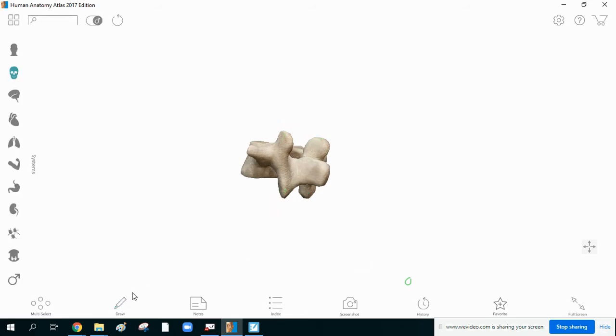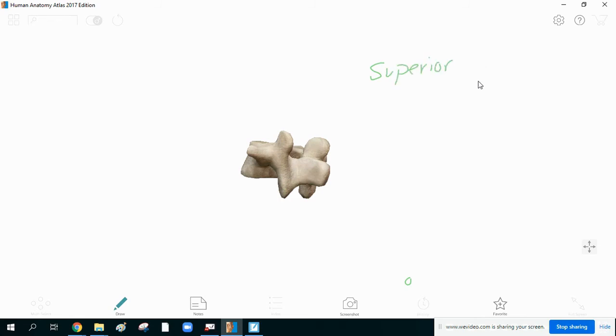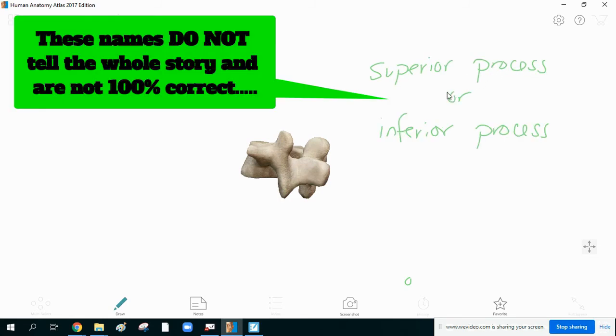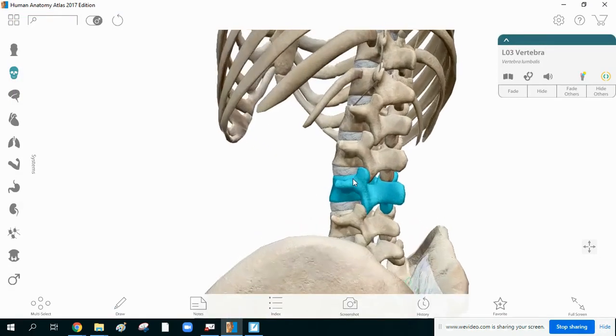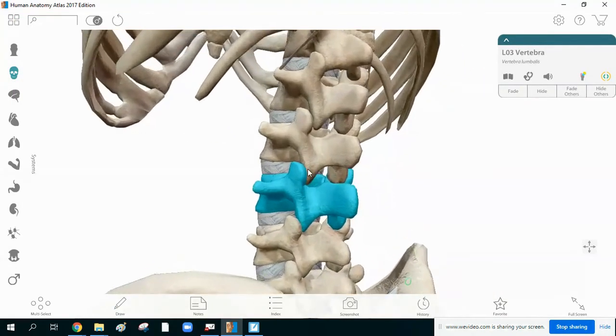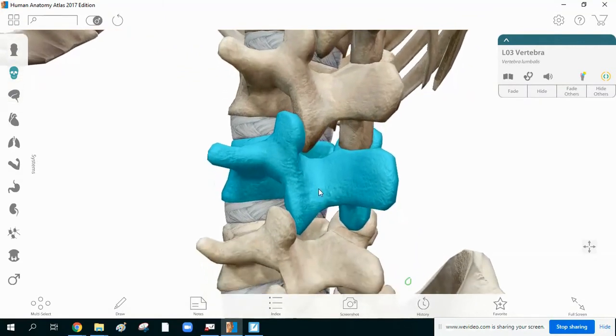But it's not enough to just call those a superior process or an inferior process because these are special. So now we can see these are special because what's their purpose?